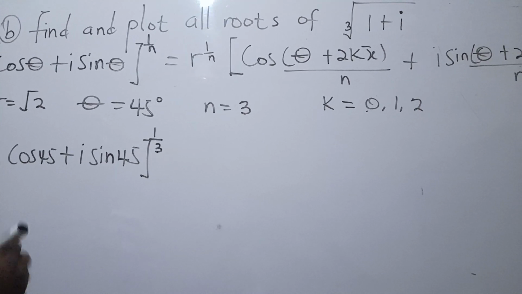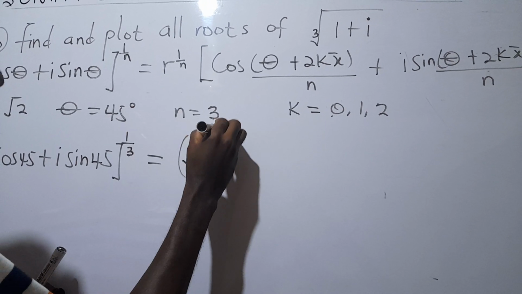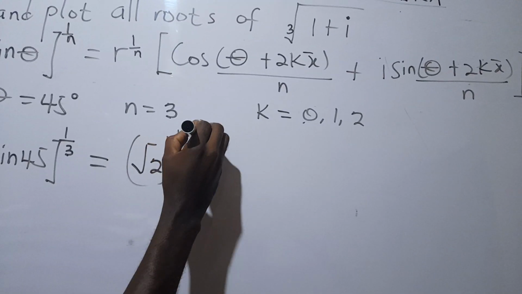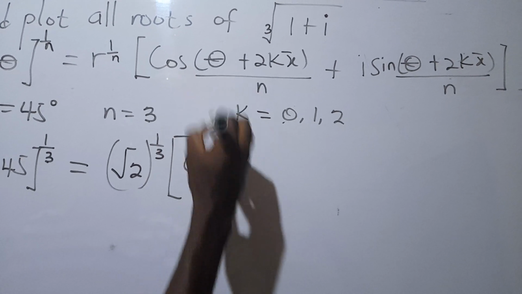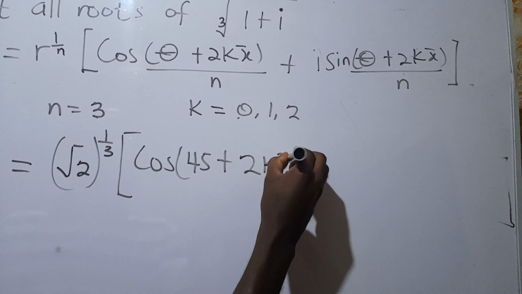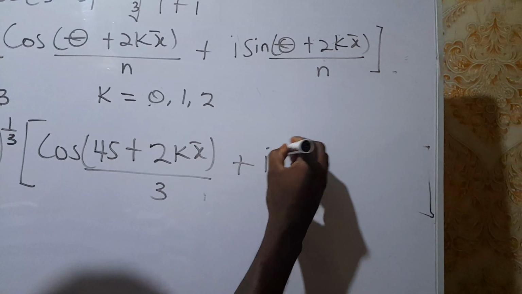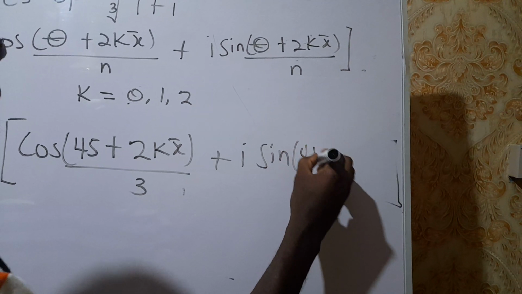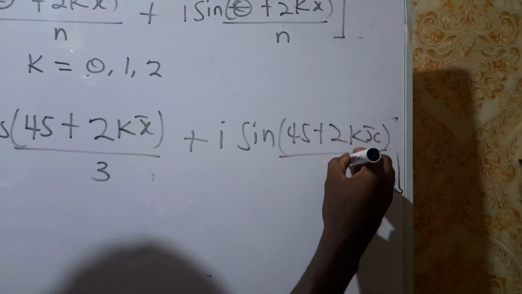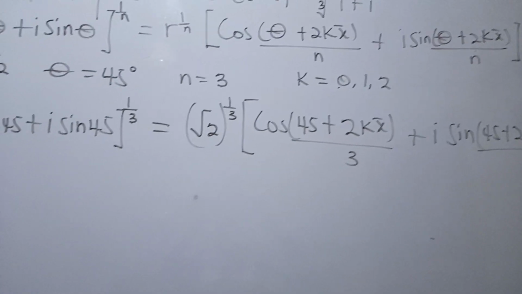So this will be equal to root 2, which is R exponent 1/3, bracket cos, remember theta is 45, so 45 plus 2k pi over 3, which is n, plus I sine 45 plus 2k pi over 3, from De Moivre's theorem.